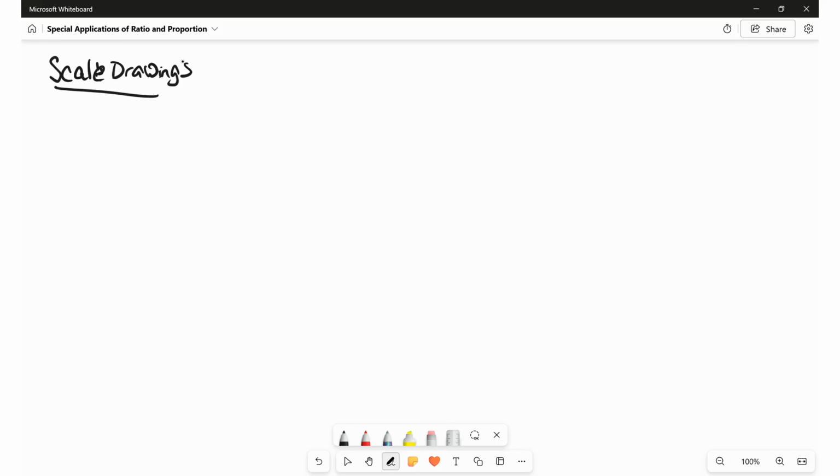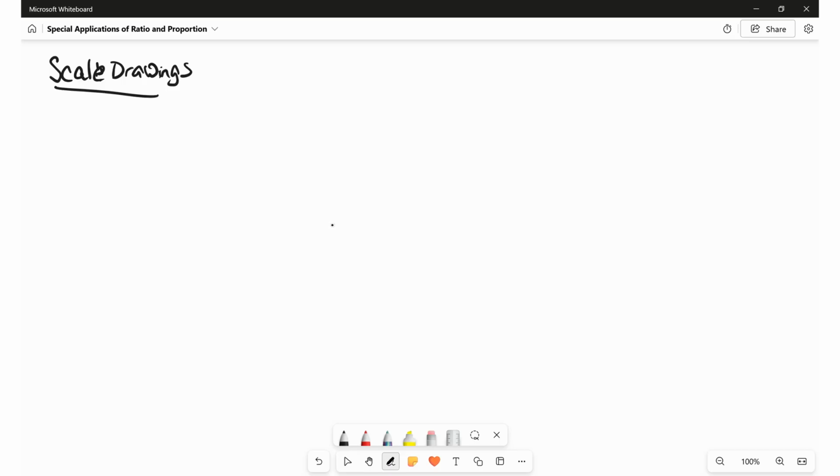So, some really common scale drawings that we see is when we are talking about architecture and we are putting together some drawings to figure out how we're going to build a deck.